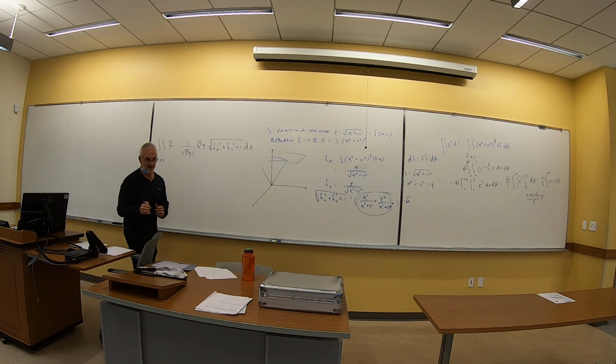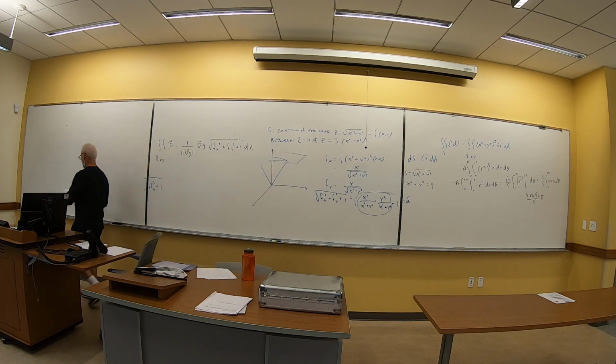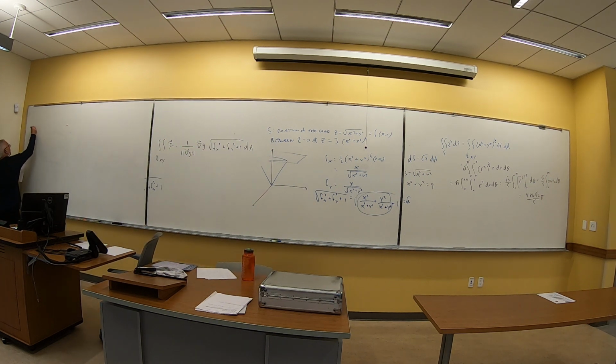Let's see, I got an example here. Start with a simple one. So we're going to do the following problem. I'm going to ask the question without using the word flux. This integral is the flux. So sometimes it's evaluate this integral.